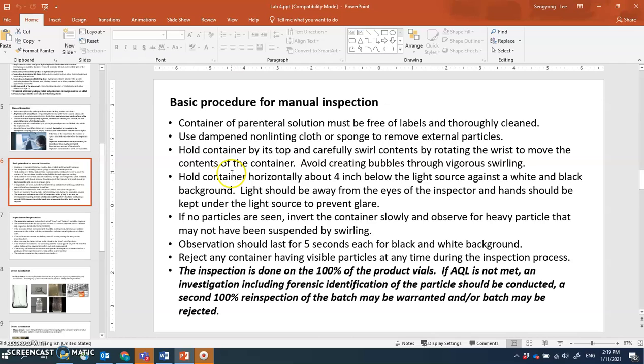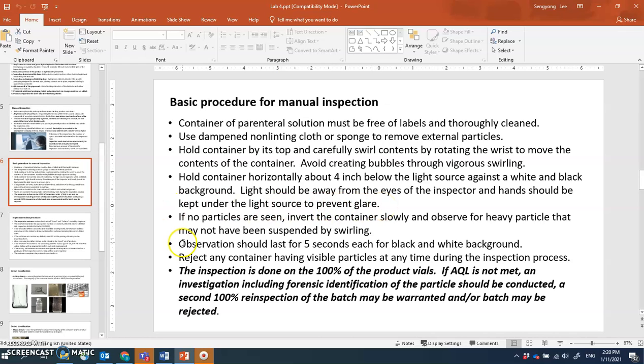Hold the container horizontally, about 4 inches below the light source. You don't want to get too close to the light, and you don't want to get too far away, so about 4 inches. And of course, you have to inspect against white and black backgrounds. The container should be held away from the light because you don't want to look directly into the light. The inspector's hand should be kept under the light source to prevent glare.